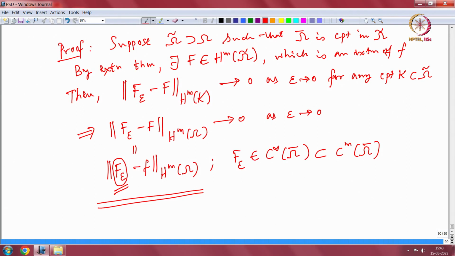Once you extend to R^n, you can use powerful tools like the Fourier transform very easily. On the extension we want to have control; it is not just an arbitrary extension, we have full control on it.